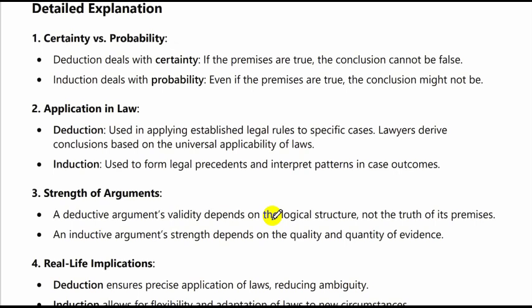If the premises are true, the conclusions will be true. It cannot be false. Whereas inductive reasoning deals with probability. Even if the premises are true, the conclusion might not be true. The conclusion might be probably true.